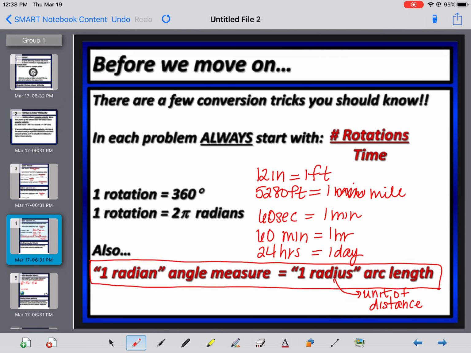So this conversion is actually what's going to allow us to cross between an angular measure into a linear one. So 1 radian equals 1 radius. Probably one of the most important and the least obvious conversions that we're going to have to use.